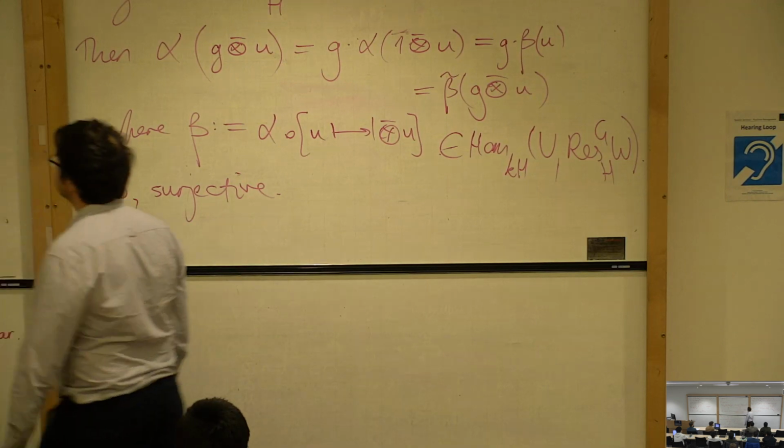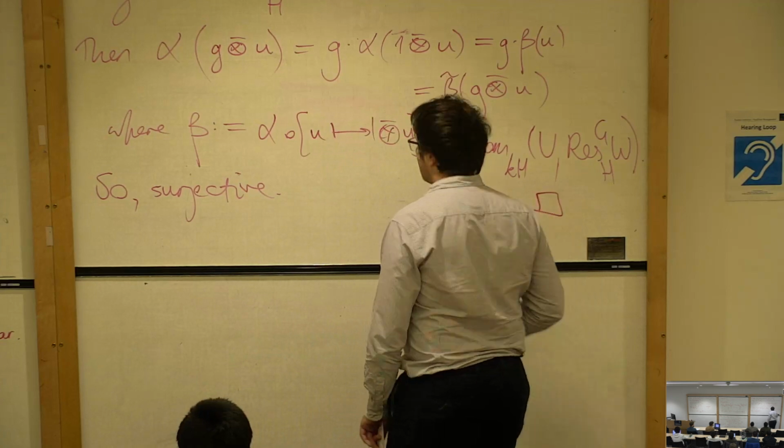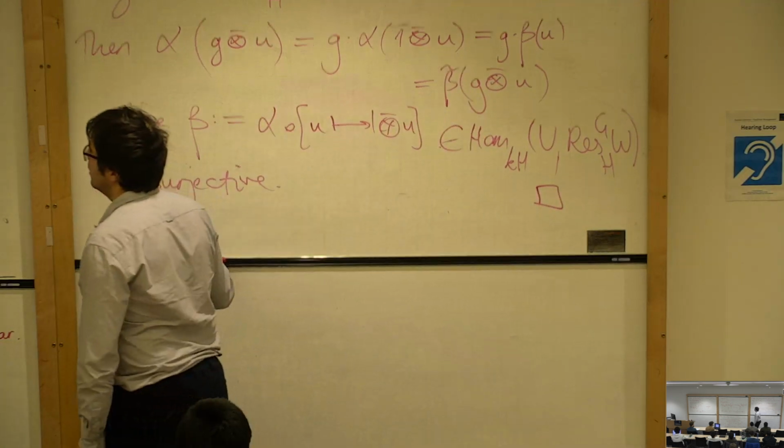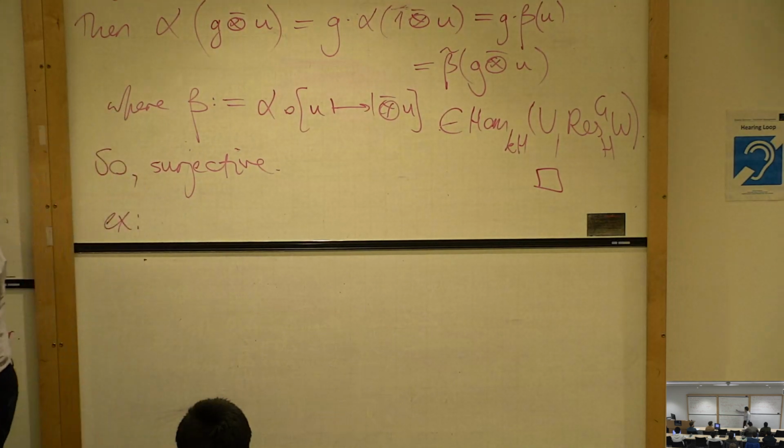Good. And maybe as an exercise, check that this thing is actually linear, because these spaces are more than just sets, right? They actually are vector spaces. So everything is linear.